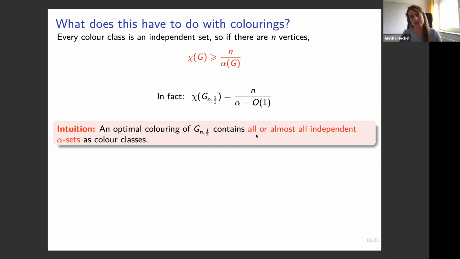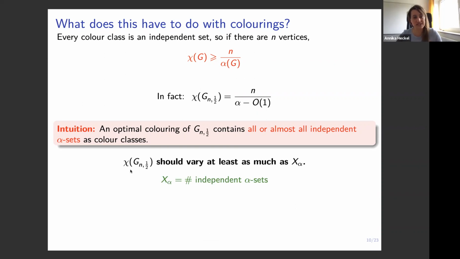So the smallest k, so that the expected number of k-colorings is at least 1, more or less. Well, if you condition on the number of alpha sets, then it turns out you want to take as many of those into your coloring as possible to maximize the expectation. Okay, but anyway, it seems plausible that the optimal coloring contains most of the maximum independent sets.